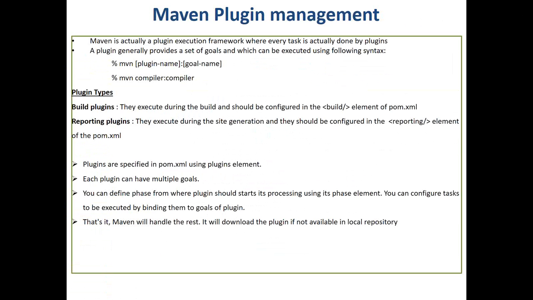Okay, so now let us try to understand in this session how we are going to add a new plugin to the Maven project or specify a different workflow for Maven, rather than working on the standard behavior of doing a compile, test, and package or install.